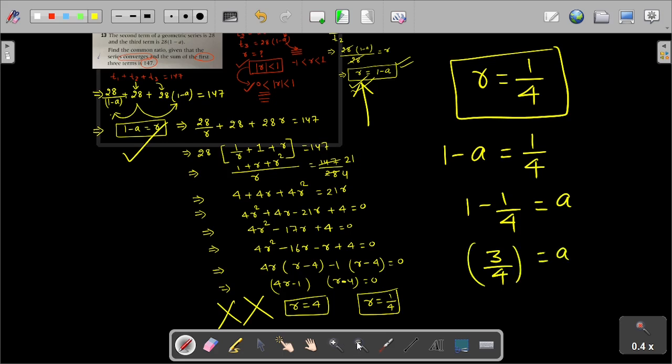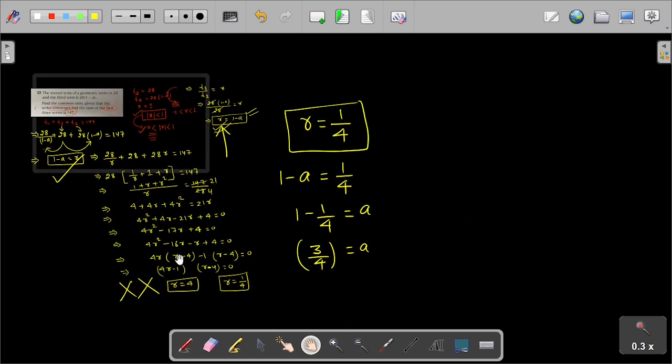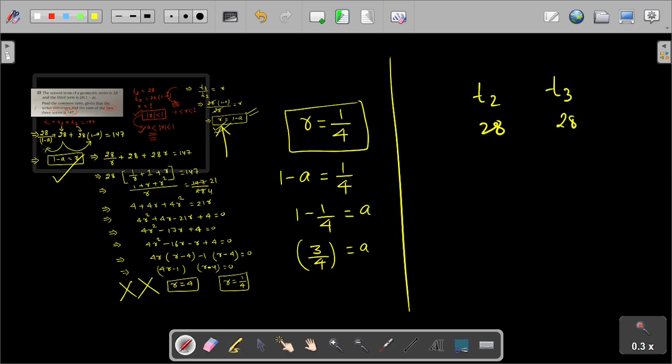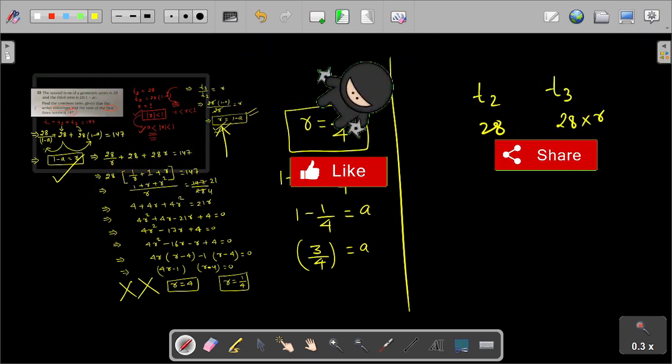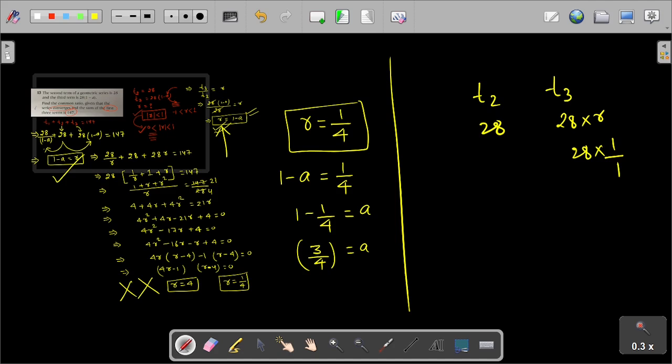Can we verify that? Can we take a as the first term? See, my second term is 28, the third term is 28 into r, and r is basically 1/4, so 28 into 1/4 is 7. The first term should be 28 divided by r, as the third term is 28 multiplied by r.